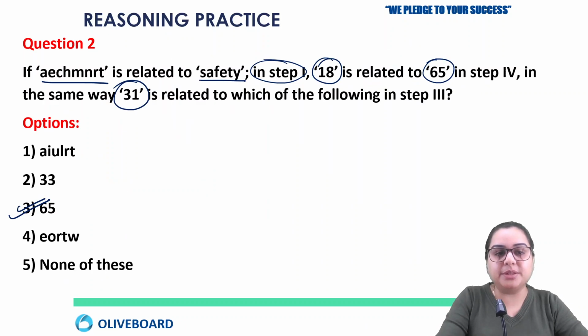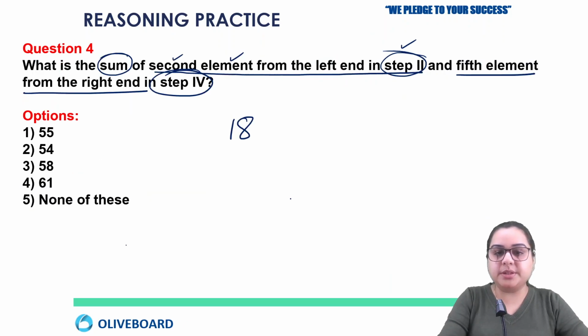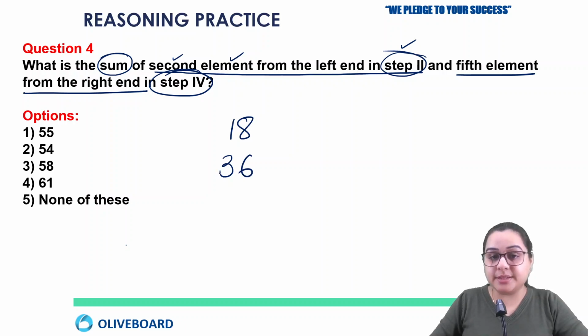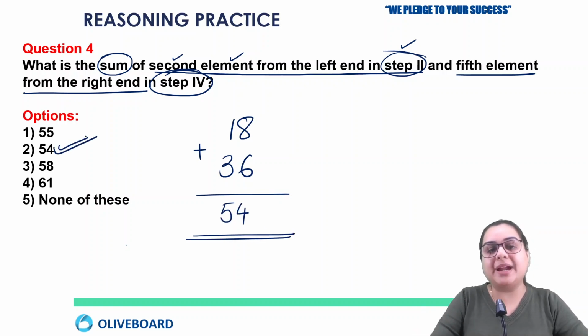In step number 4, the fifth element from the right is 1, 2, 3, 4, 5. It is 36. So these two numbers are 18 and 36. If I add these two, their sum will be 54, which is in option number 2, and hence your answer is the second option.